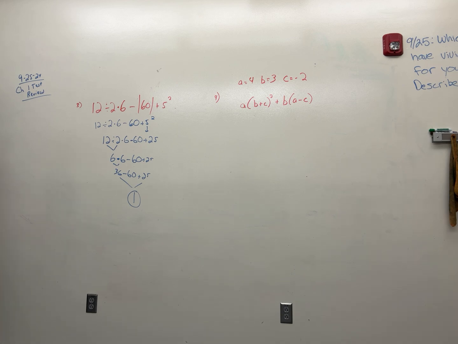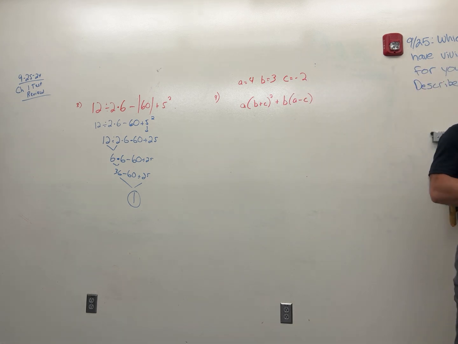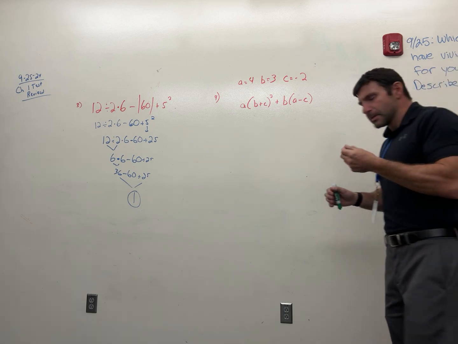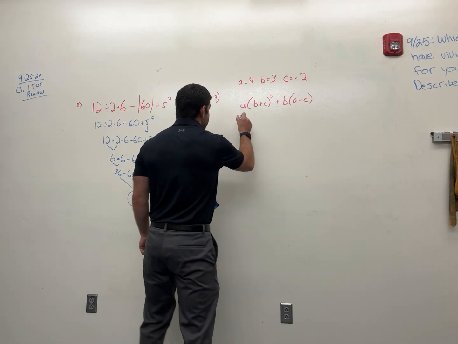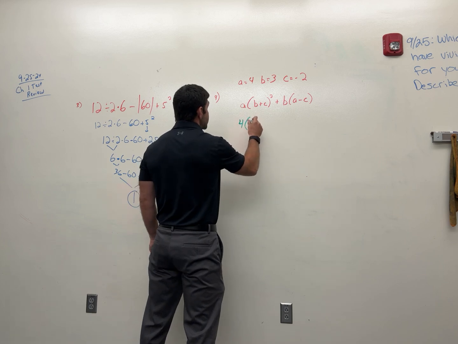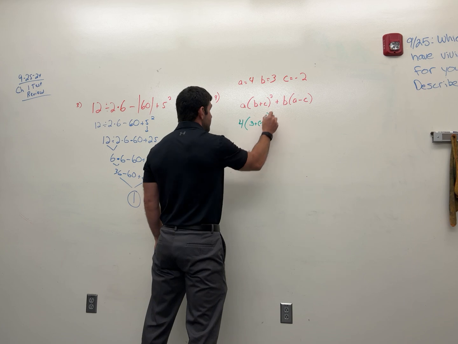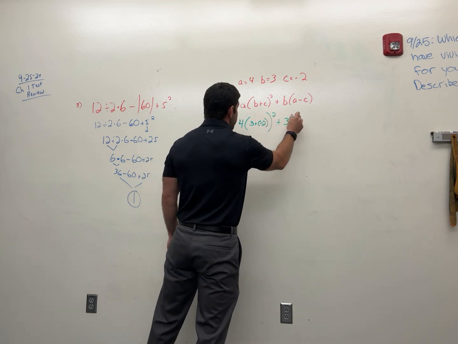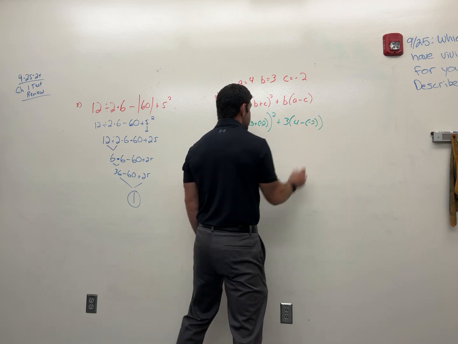Okay, that's going to become even more important on this next one. So, first step when we evaluate is that S word. So, we are substituting first. So I have 4 times 3 plus a negative 2 squared plus 3 times 4 minus a negative 2.